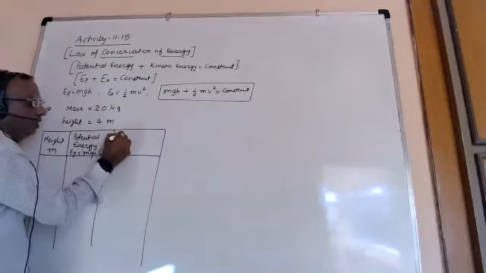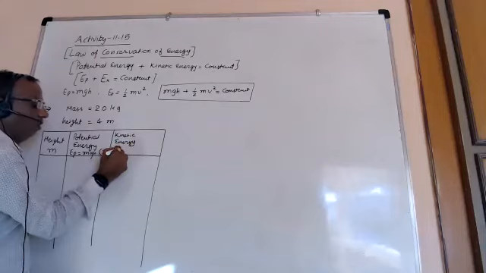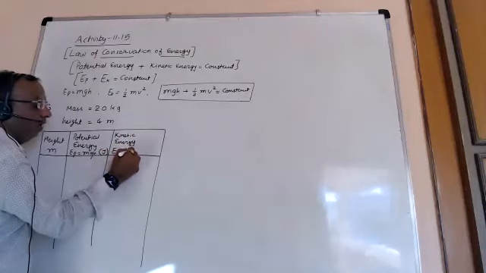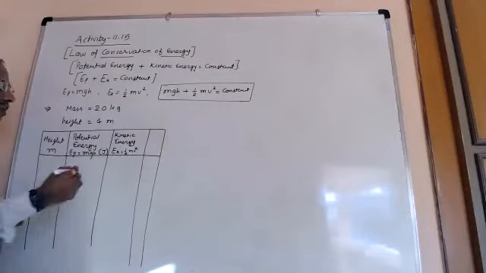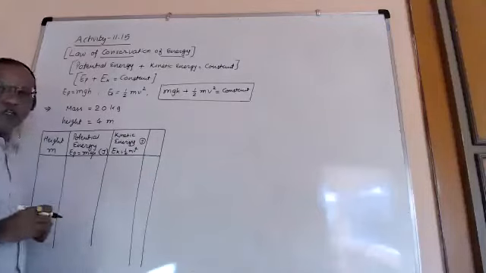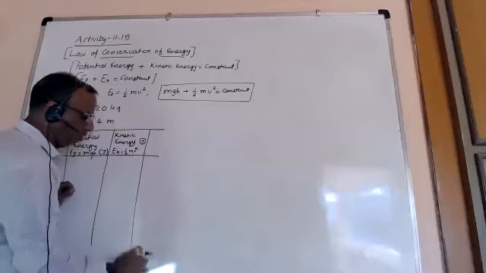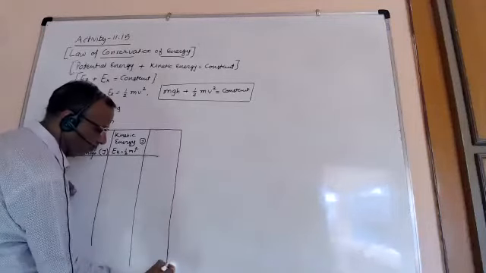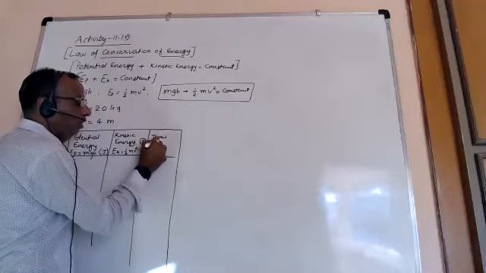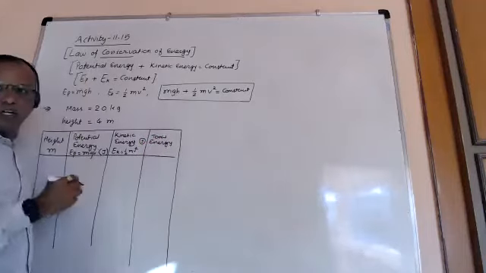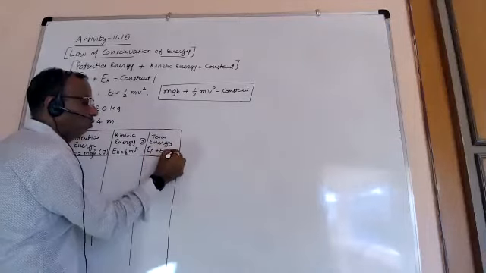Then kinetic energy has the symbol EK and the formula 1/2 mv square, and its unit is once again joule. And finally, friends, we will have the total of both, so in the last column we will consider the total energy, and this total energy is EP plus EK, also in joule.